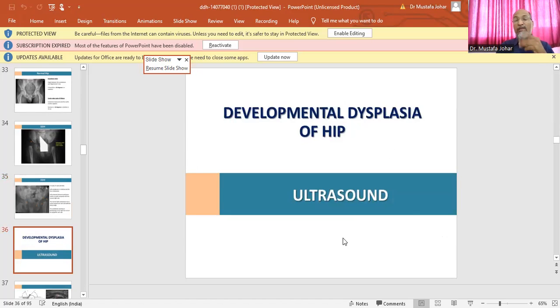Then a very important tool for diagnosing the dysplasia is the ultrasound. As we said, the ossification center is not apparent till the age of 6 months from birth.